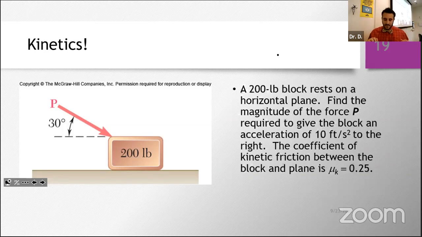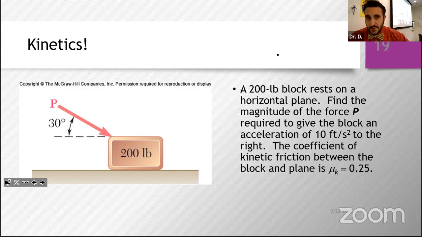It means you're not moving and you need to push with a certain amount of force to overcome friction. What is that force? It's the normal force times mu sub s. After we start to move, our coefficient of kinetic friction takes over, which actually lowers the amount of friction that we have in our system.